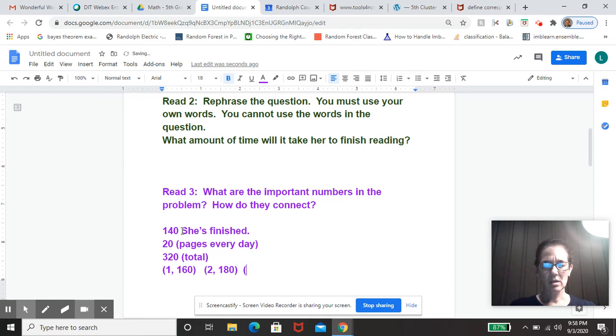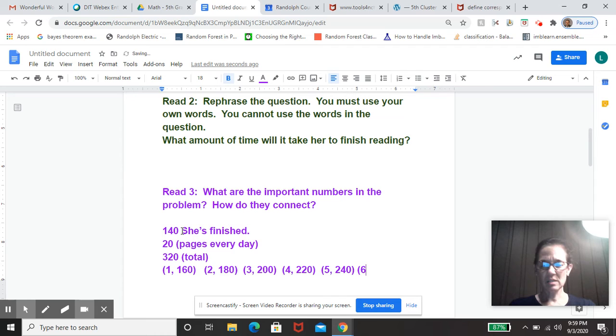And then day 3, that's going to put her at 200. And then day 4, that'll make her 220. Day 5, she'll be at 240. Could I stop there? Or do you want to go on? You want to go on?